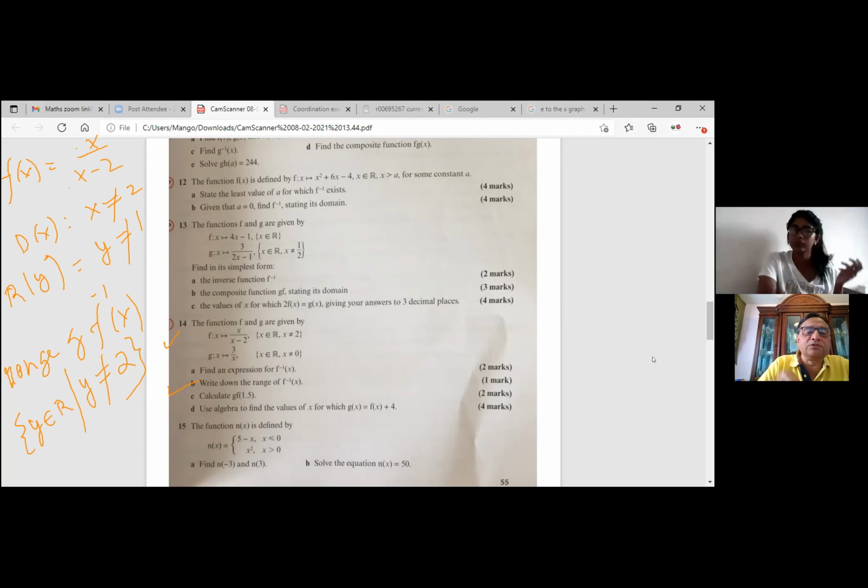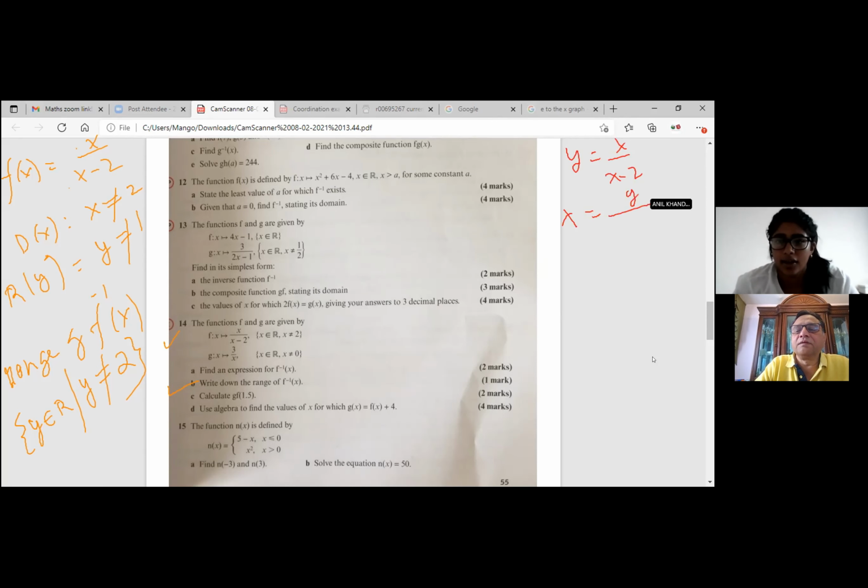Now the second part is to write the expression for the inverse. So how will you find the inverse of this function, Amy? Can you guide me? Yes, so y equals x over x minus 2, and then just swap the x for y and the y for x, and multiply it.